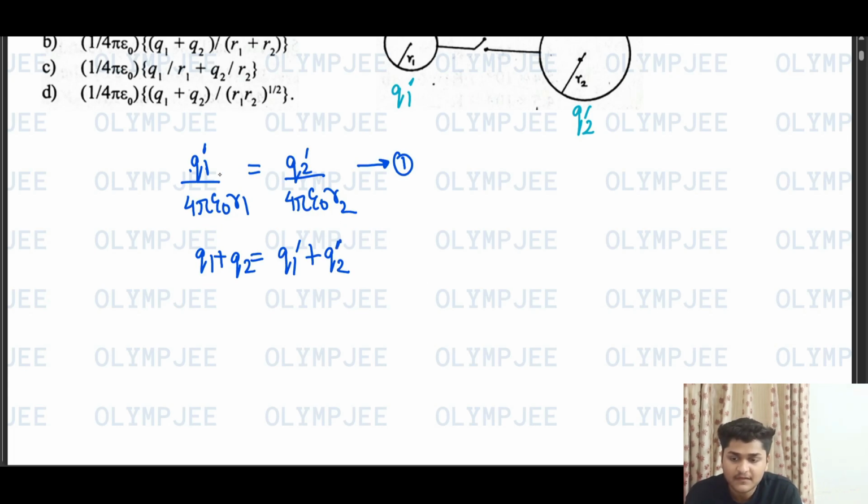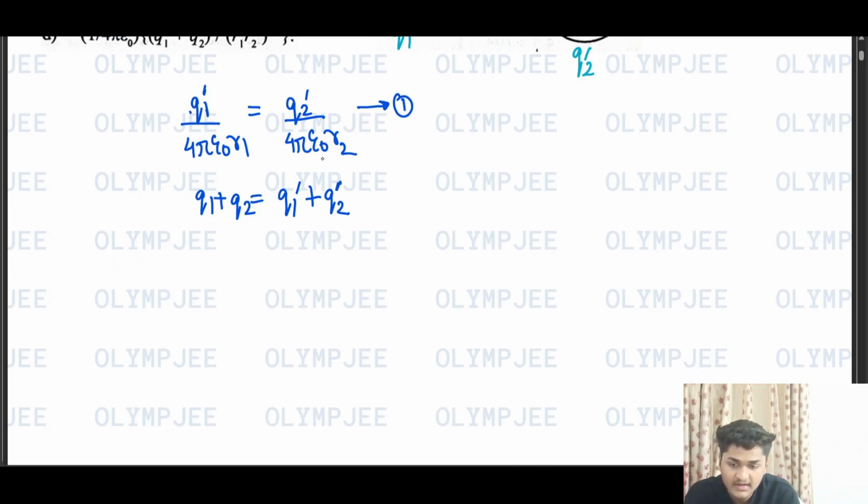So now we have two variables q1 dash and q2 dash and two equations, so we can solve for q1 dash and q2 dash. So for solving, I can write q2 dash as q1 plus q2 minus q1 dash, and I will put this in first equation.